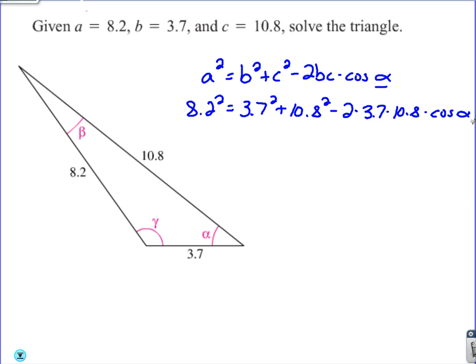These are pretty easy. One thing I do want to caution you about, here's the number one mistake that people make. They'll do 3.7 squared, and 10.8 squared, and add those together. Is that okay? Sure. Then they'll do 2 times 3.7 times 10.8, and go ahead and subtract it. Is that okay? No. This stuff has cosine alpha attached to it.